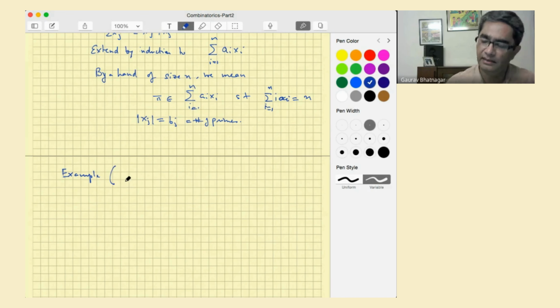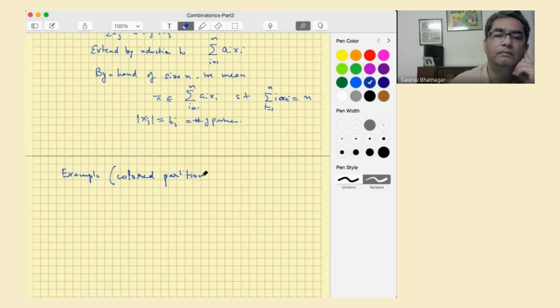So these are colored partitions with k copies of k, which means k colors of k.